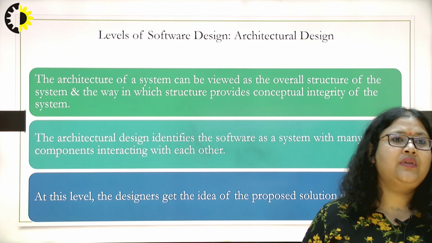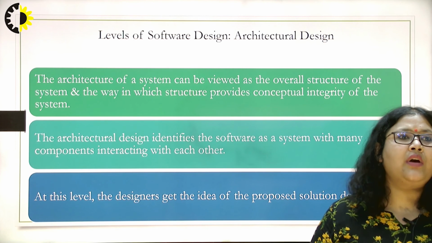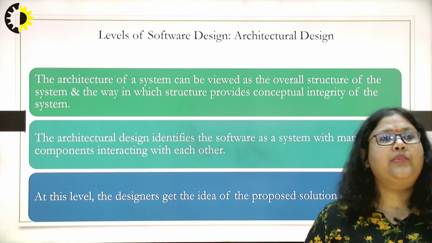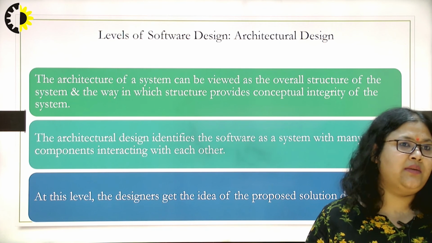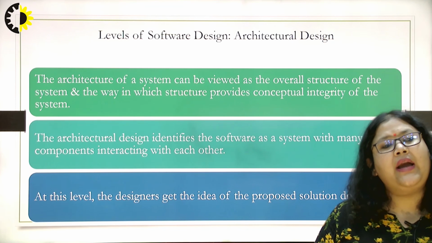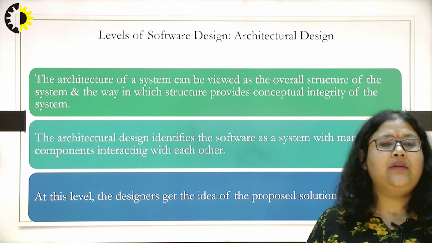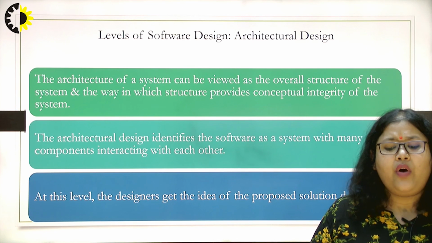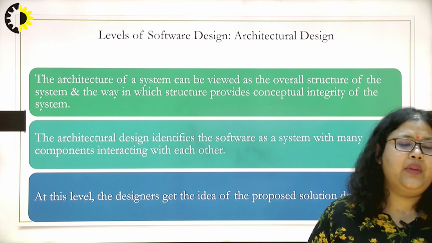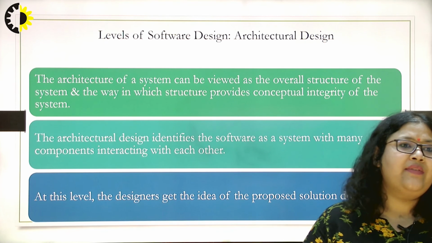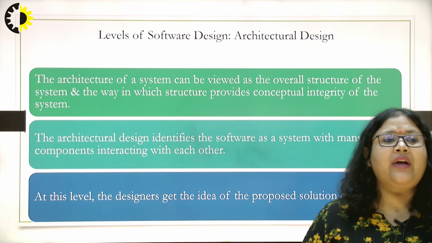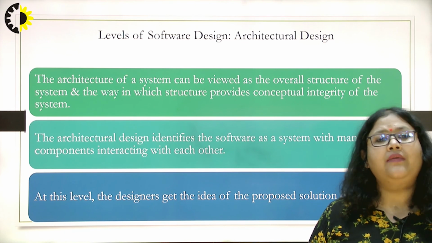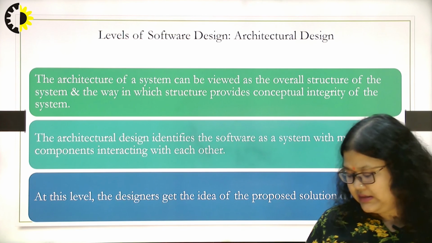So, the architecture of the system can be viewed as the overall structure of the system and the way in which the structure provides the conceptual integrity of the system, so that we define all the components that we use for developing that particular software and what the interfacing between the system is, how we interact with each and every module. So, the designer has the idea of how we have to solve this particular problem. So, this is the architecture design.